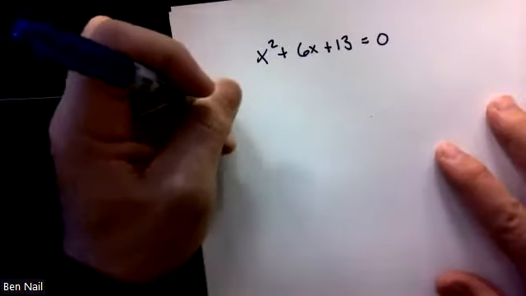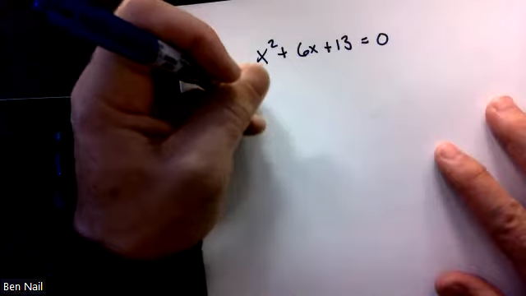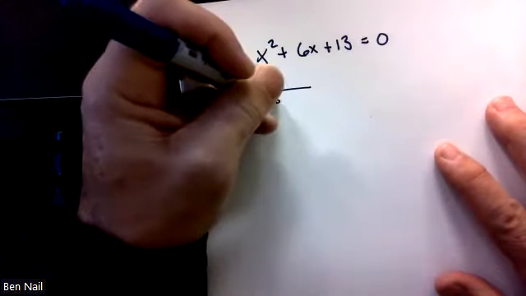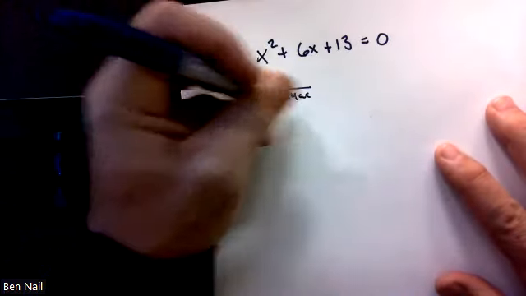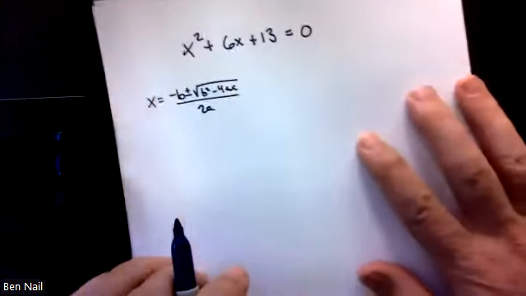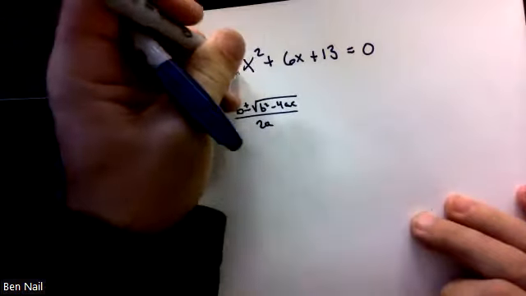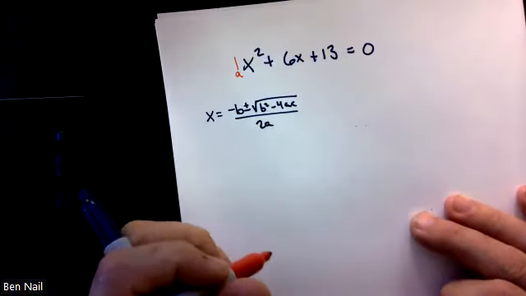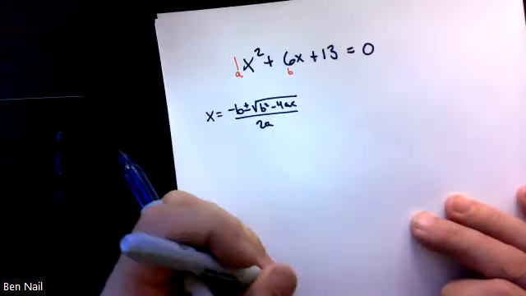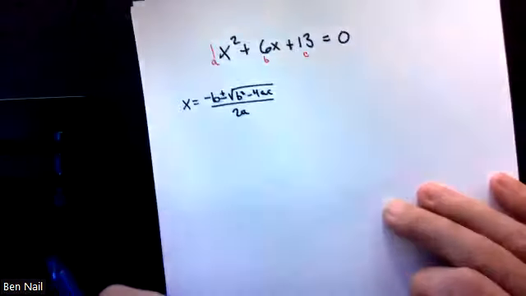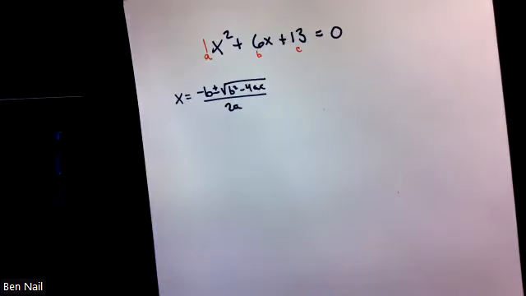Just as a reminder, x equals negative b plus or minus the square root of b squared minus 4ac all over 2a, where, again, in the correct order, the number in front of your x squared is your a, the number in front of your x is your b, and the number with no x's, the constant, is c.